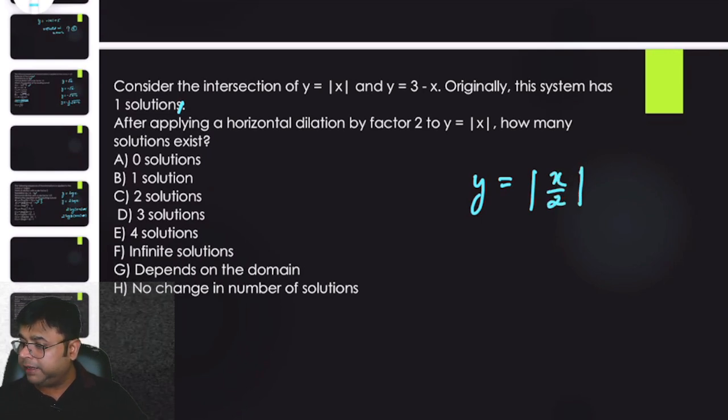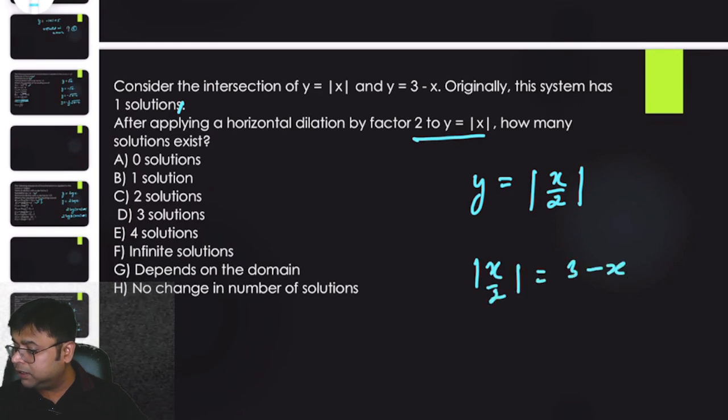How many solutions exist? So this is only dilated, and this will remain the same. So I'll say mod of x by 2 equal to 3 minus x.